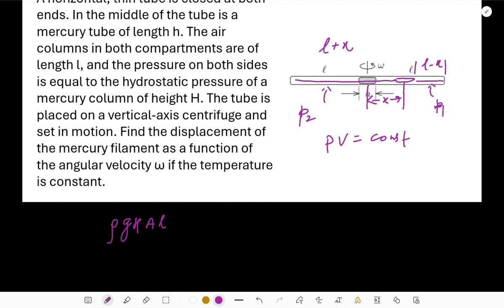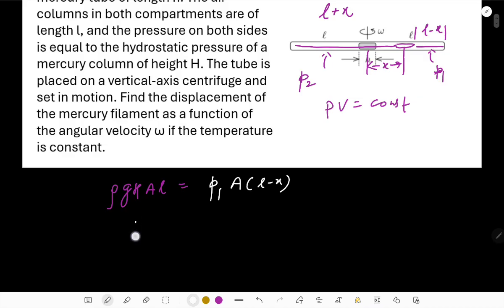Before the thin tube was placed in the centrifuge, the pressure on the mercury filament was this. And now it has become something like P1, this is the pressure, and volume being A into L minus x on the right side. And so we can find out P1 will be equal to rho g h L upon L minus x. This is my equation number 1.